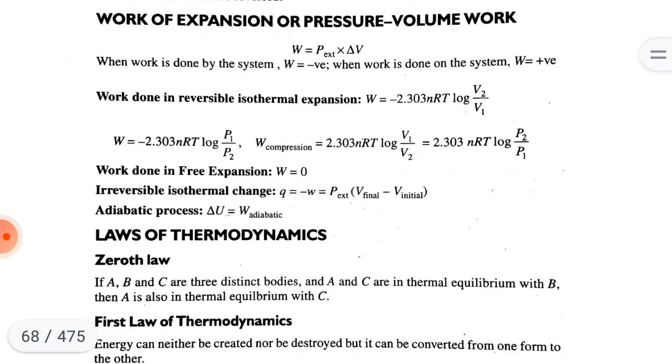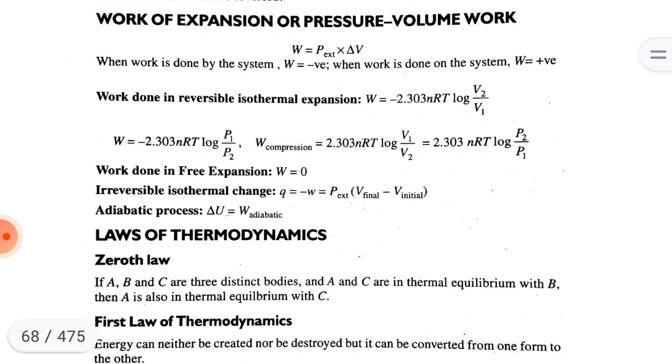Work done in reversible isothermal expansion. W is equal to minus 2.303 nRT log V2 upon V1. W is equal to minus 2.303 nRT log P1 by P2. W compression is equal to 2.303 nRT log V1 by V2, equal to 2.303 nRT log P2 by P1.